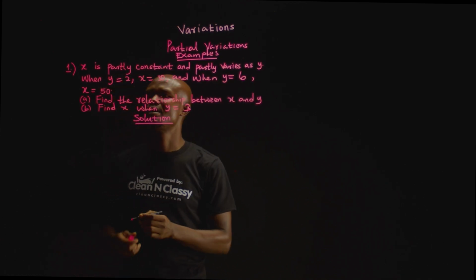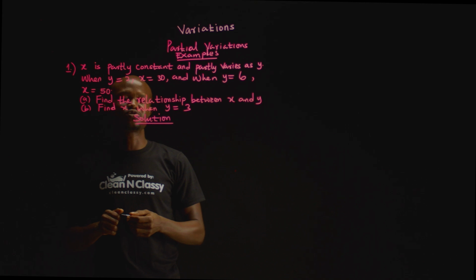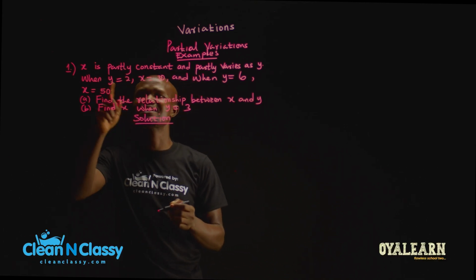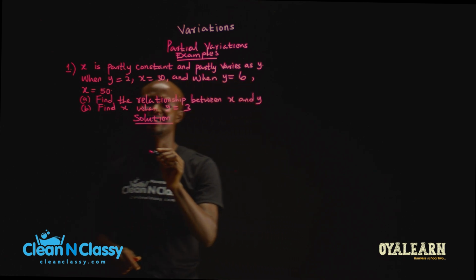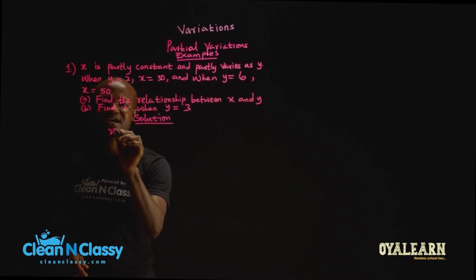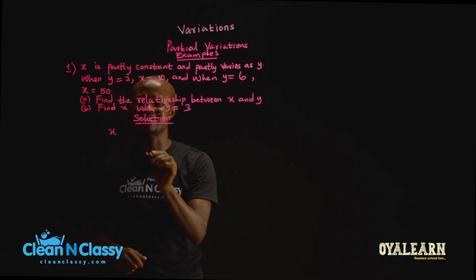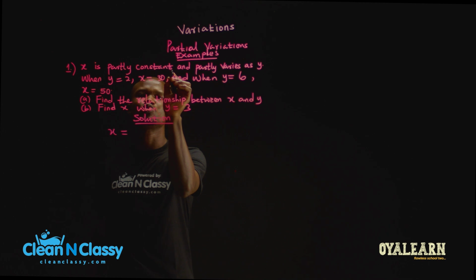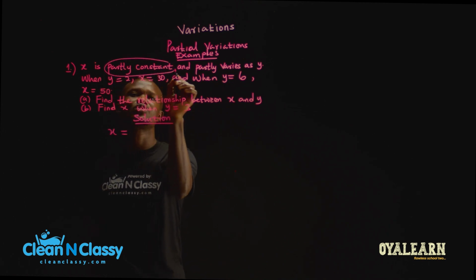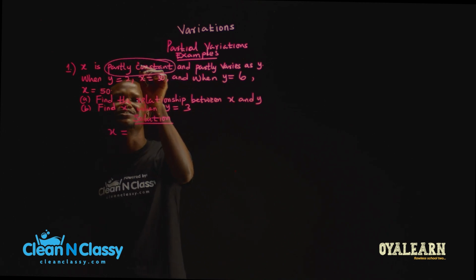Now, let's look at the first statement. x is partly constant and partly varies as y. x is partly constant, meaning we look for a constant k for this.